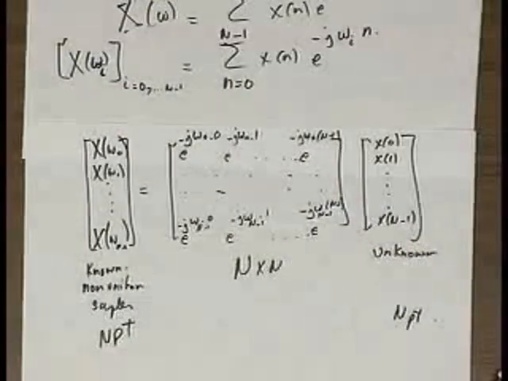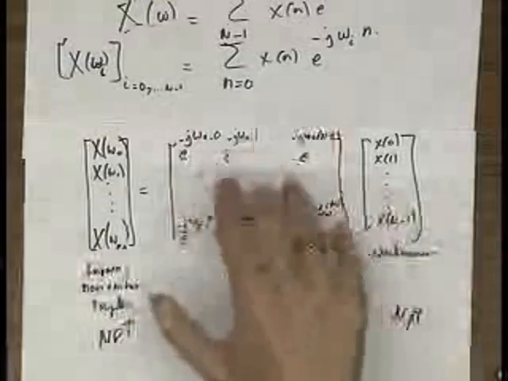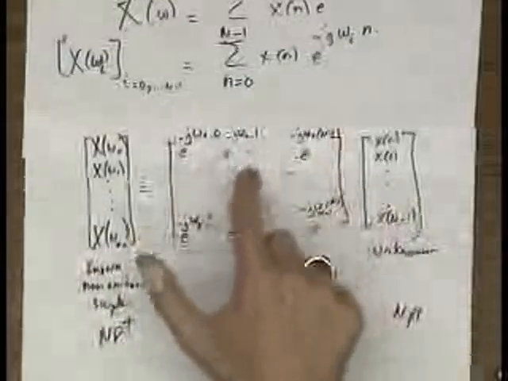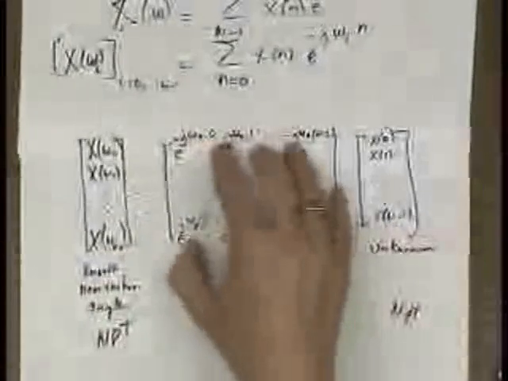Which is a bad thing. You want to sample every frequency. You don't want to have two values for the same frequency. So that's the extreme. When two rows are identical, the thing becomes singular. So even though, strictly speaking, as long as omega i is not equal to omega j, this matrix is non-singular.